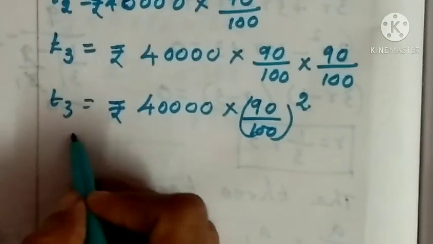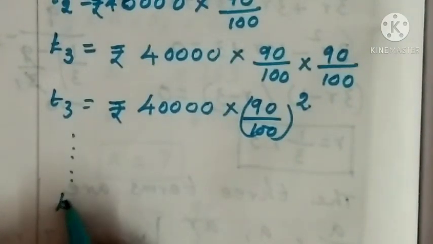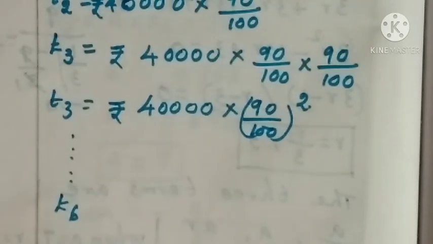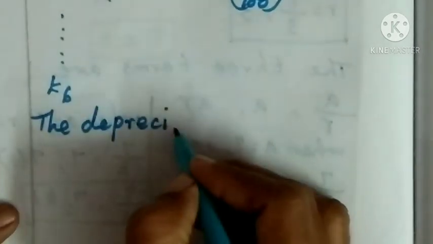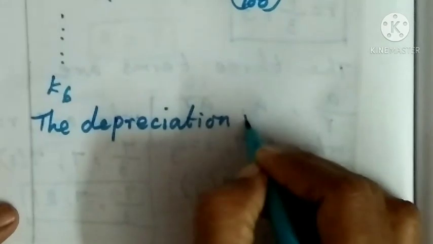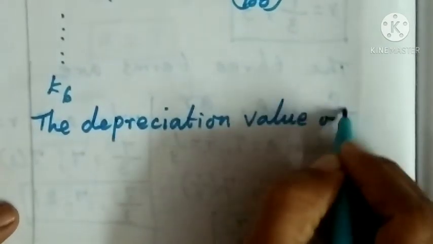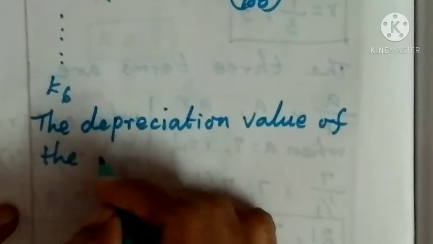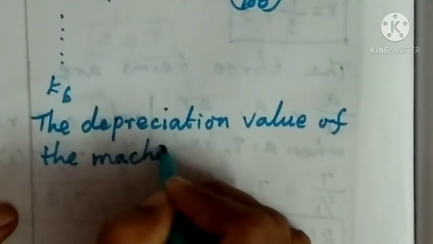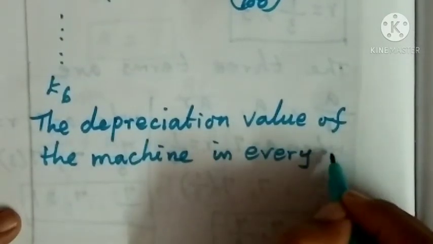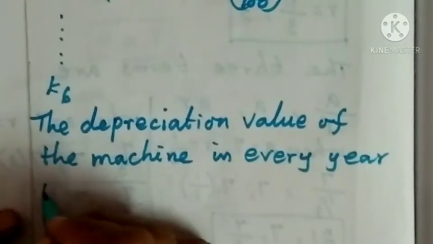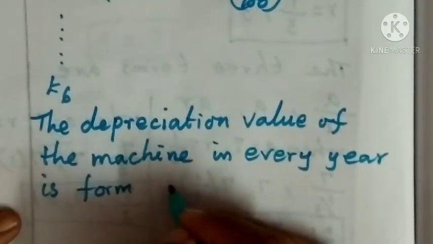Let us continue this up to the 6th year, that is T6. Here we have to find the value of T6. From this it is clear that the depreciation value of the machine every year forms a GP.